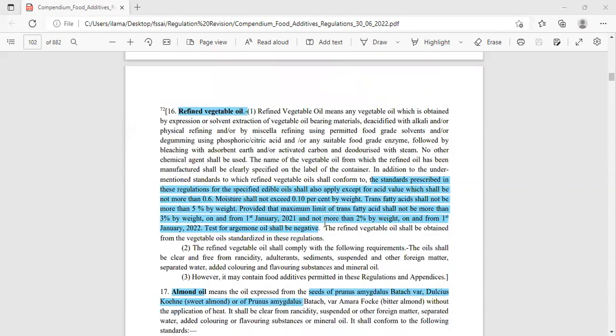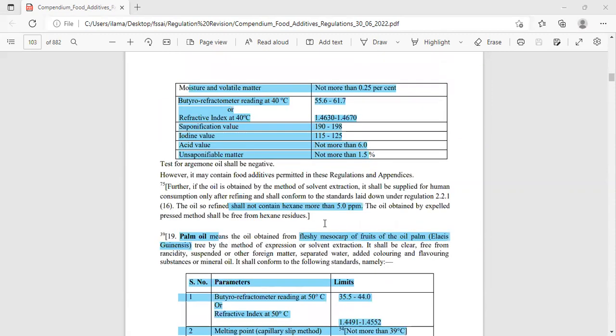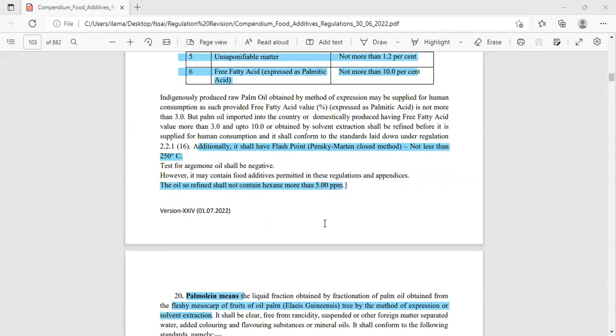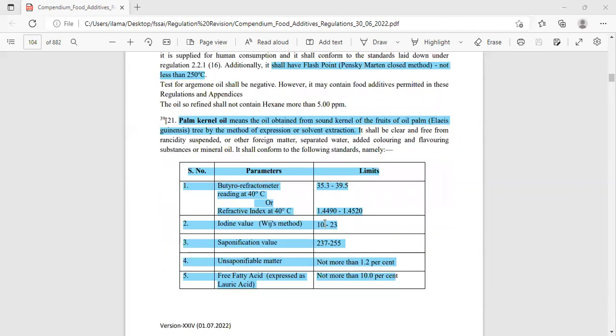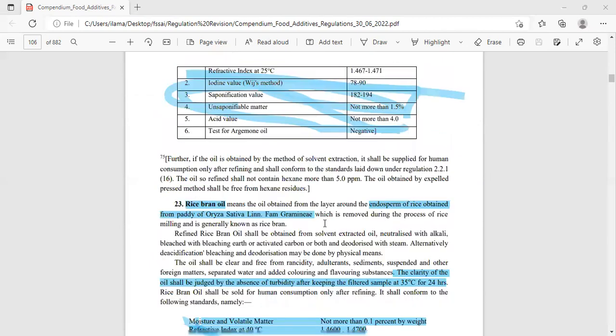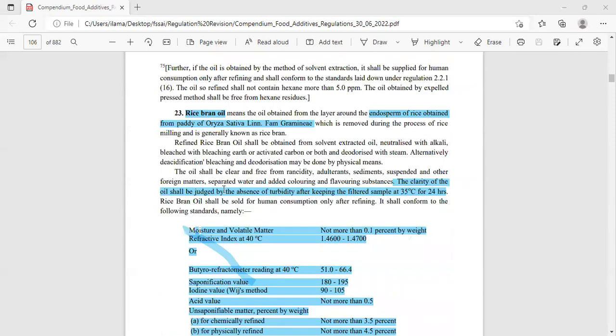Here, just go through what rice bran oil is, and we will check for turbidity, whether the oil becomes turbid or not after keeping it at this temperature for 24 hours.